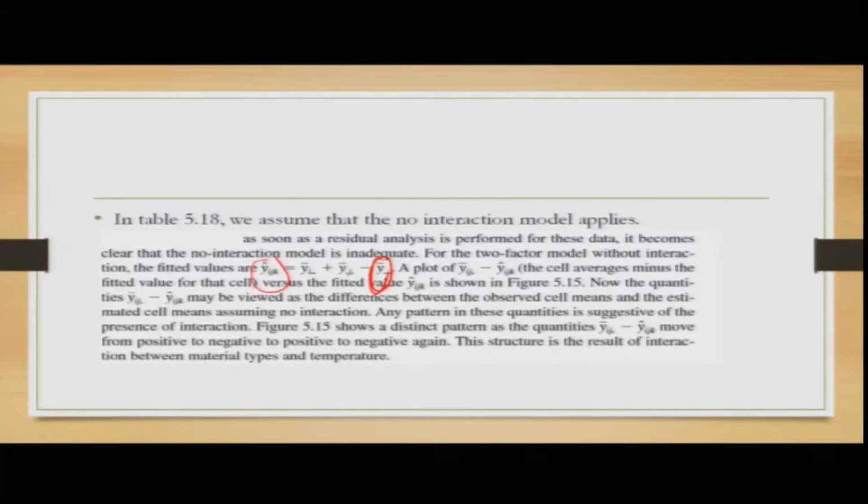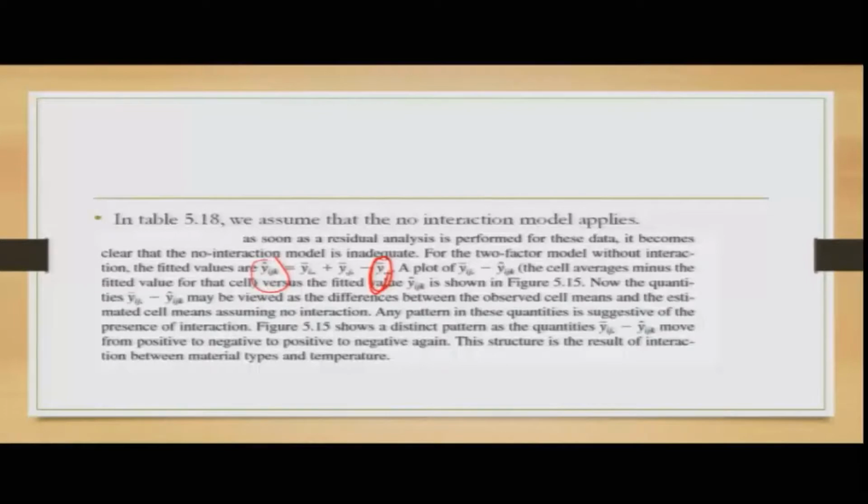So, basically I keep one row fixed, add up for all the columns and all the n's, then keep the column fixed and find the average, sum it up and find the average for all the rows and all the n's. So, the plot of y bar ij dot, where the dot means I am taking all values of k, minus y hat ijk, is the cell average minus the fitted value of the cell, versus the fitted value.